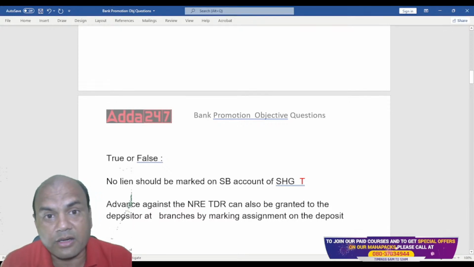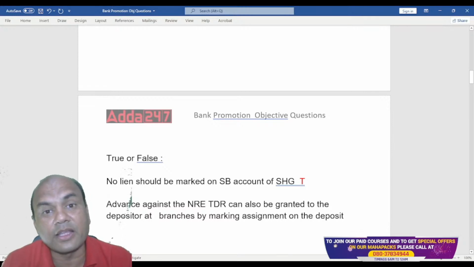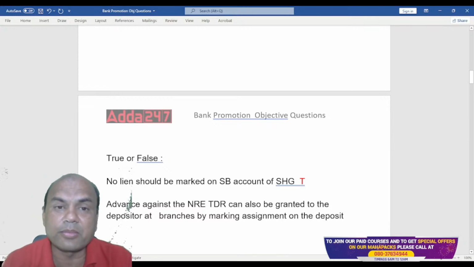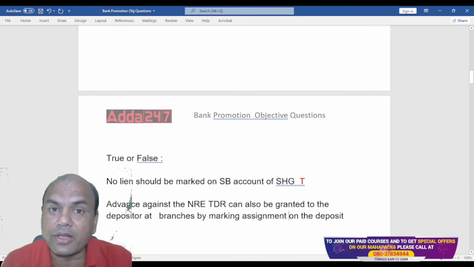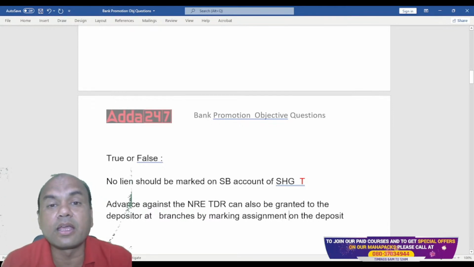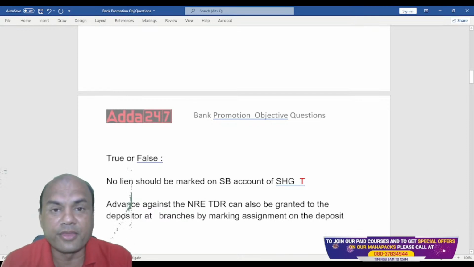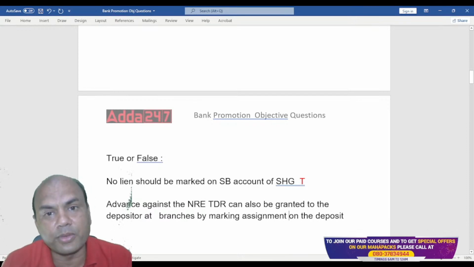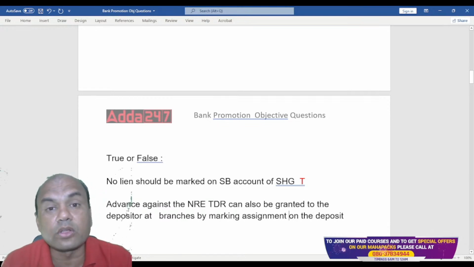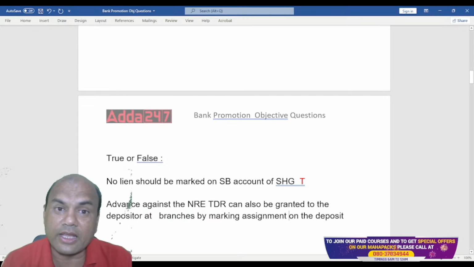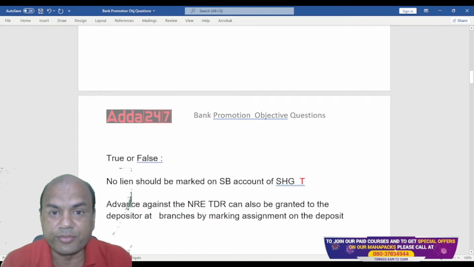But FCNR can only be of one type, that is FD. FCNR can't be savings or current. Remember this. NRE and NRO are rupee accounts, whereas FCNR is a non-rupee account. Remember these things by heart.